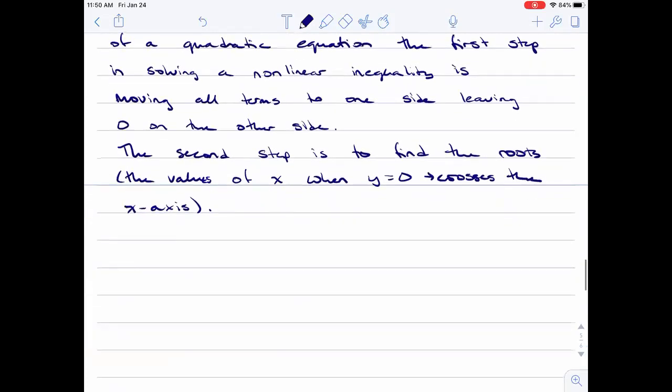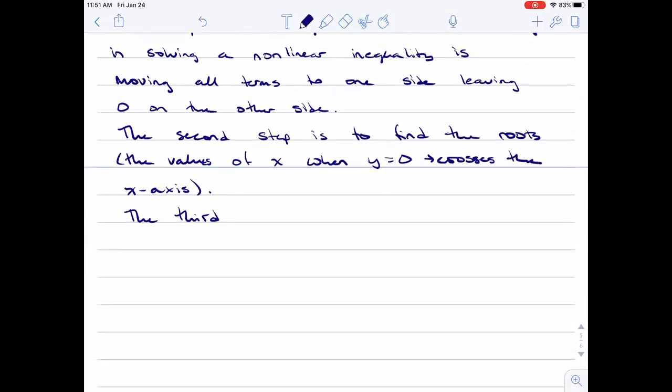Yeah. So the third step, which isn't really going to make a lot of sense until we do one, so I'm headed there. I just want to give you an outline.